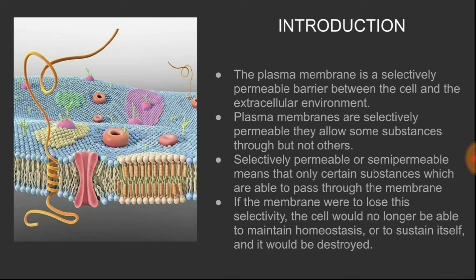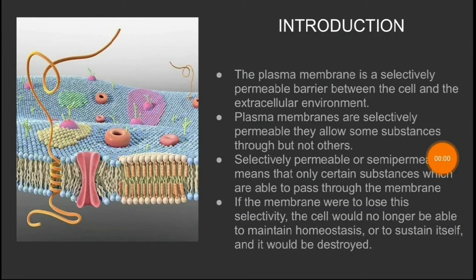Then moving on, if the membranes were to lose this selectivity, the cell would no longer be able to maintain homeostasis or to sustain itself, and it would be destroyed. So homeostasis is a self-regulatory process by the cell to maintain its stability. So how does it maintain stability?